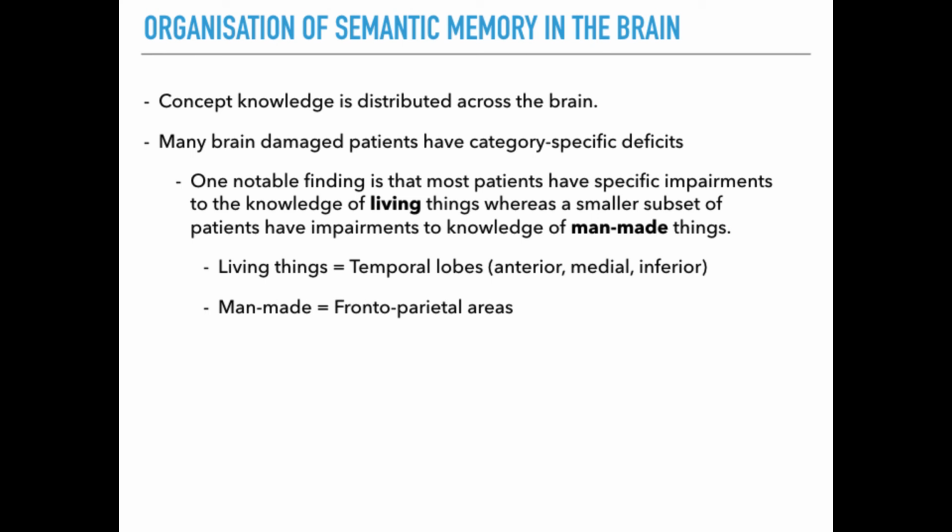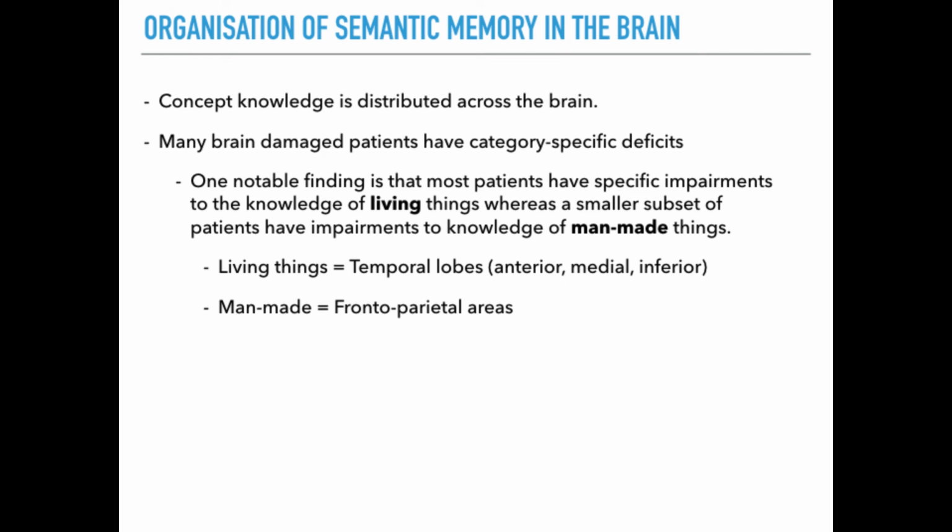More specifically, there tends to be a distinction between impairments for the knowledge of living things and knowledge of man-made things. Impairments with living things are associated with damage to the temporal lobes, the anterior, medial, inferior, whereas impairments with semantic memory of man-made objects are associated with damage to the frontoparietal areas.